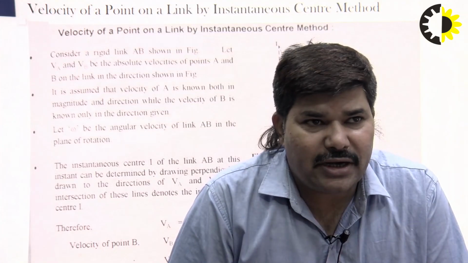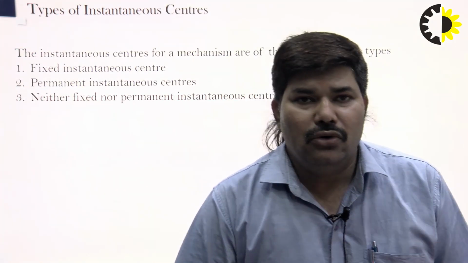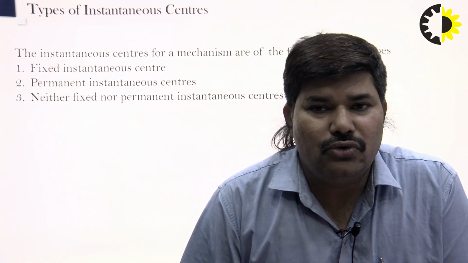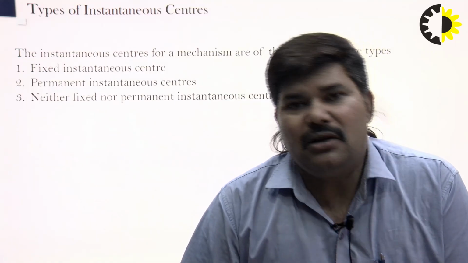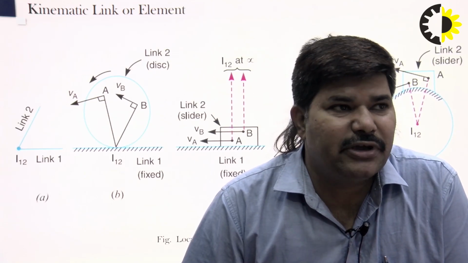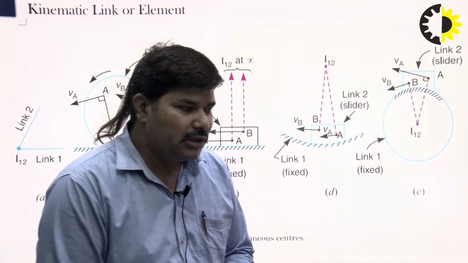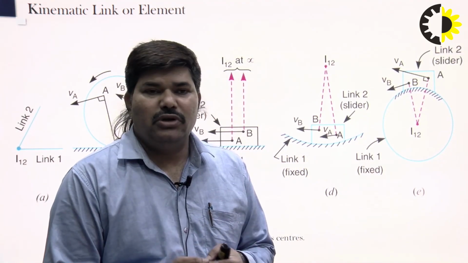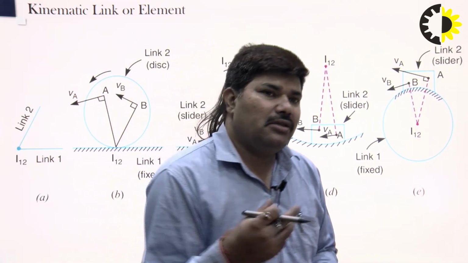I will come directly to the examples, and we will find out how to draw the instantaneous centers for the 4-bar mechanism and the slider crank mechanism. In this figure, just recall: if two links are joined at a pin point, the instantaneous center will lie at that point.